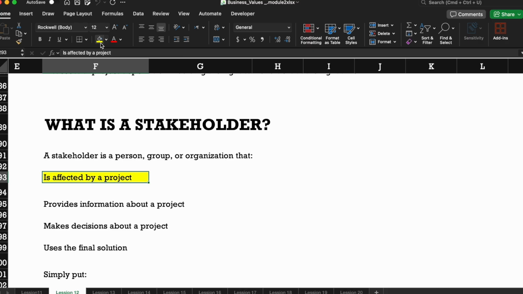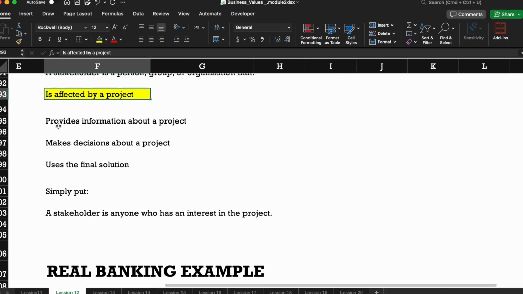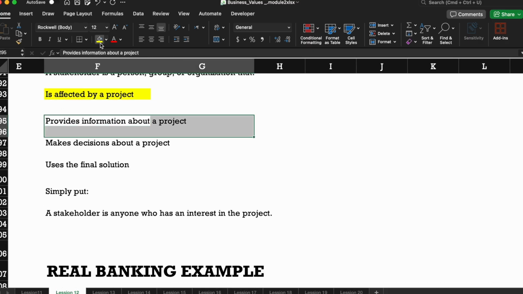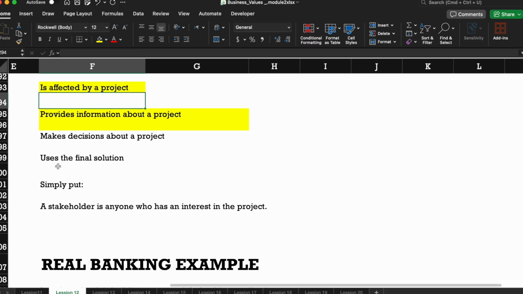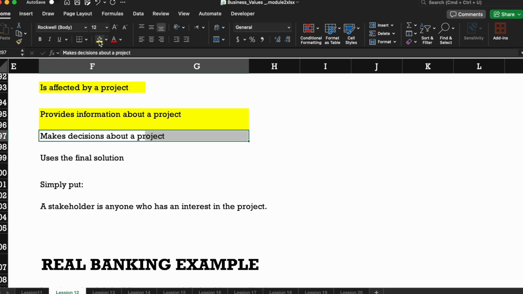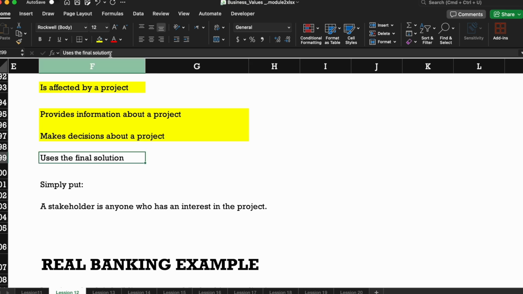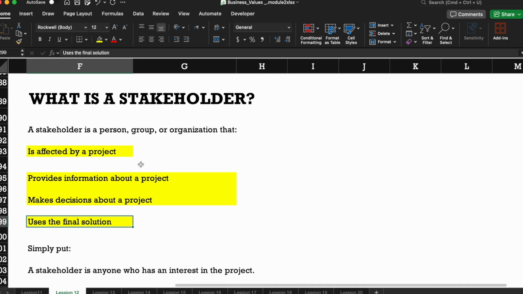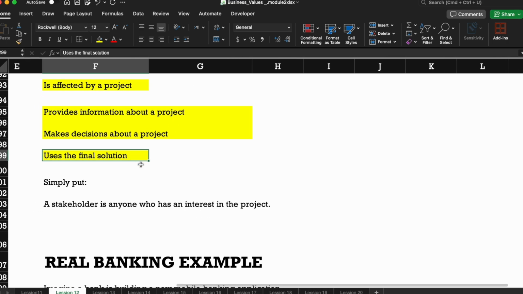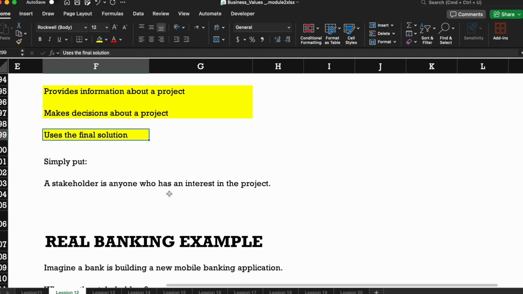They also provide information about the project, can give approvals and sign off your requirements, make decisions about the project, and use the final solution. These are the teams directly affected by your software development. Simply put, a stakeholder is anyone who is interested in the project.